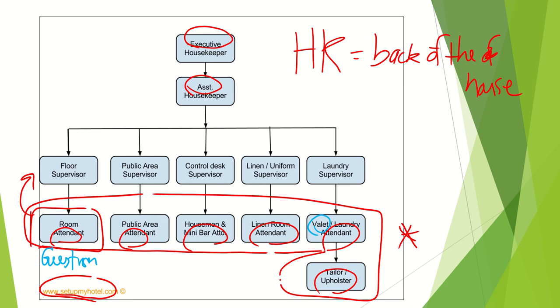Another definition of the word valet is a person who takes care of the guest's car. Valet is a person who drives the guest's car to the parking lot of the hotel.